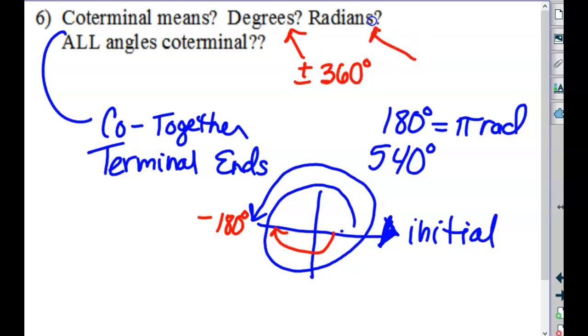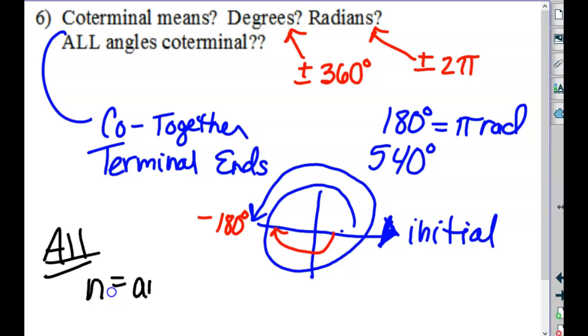So if it is in radians, you will add or subtract, what's one rotation? 2 pi, okay? When it asks for all the angles that are coterminal, it gets a little weird. If it wants all, then you say n. I use n, 2 pi, yes. The book sometimes uses k, I think.